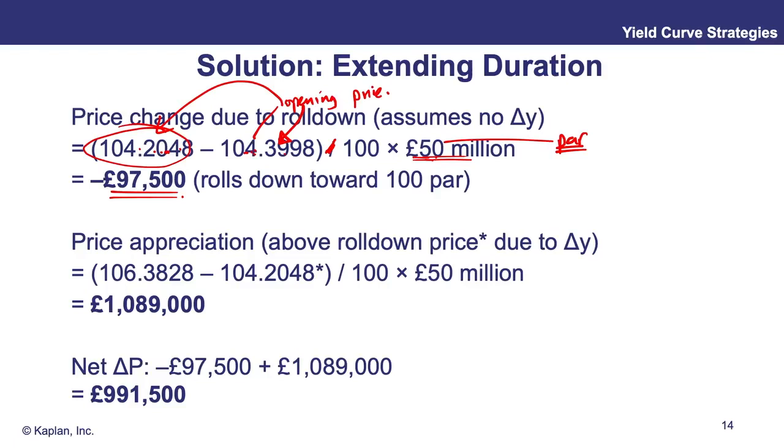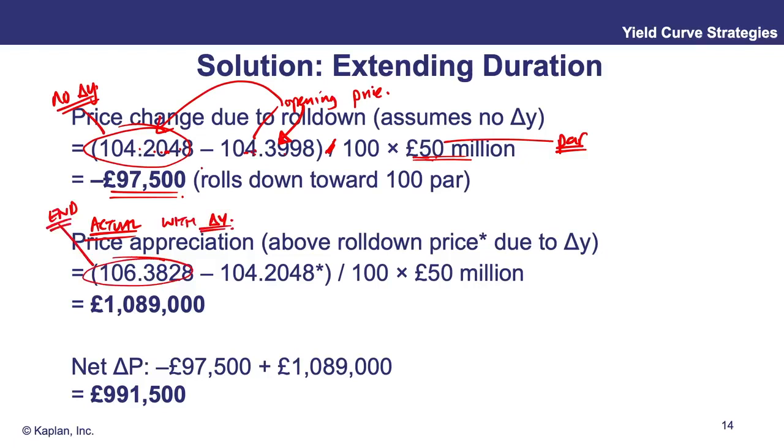Now, the actual price appreciation that we expect with the shift in yields as well, so there's no delta y in the roll down case. With a delta y, the change in yields down by 25 bips, we calculated an end price of 106.3828 on the last slide.